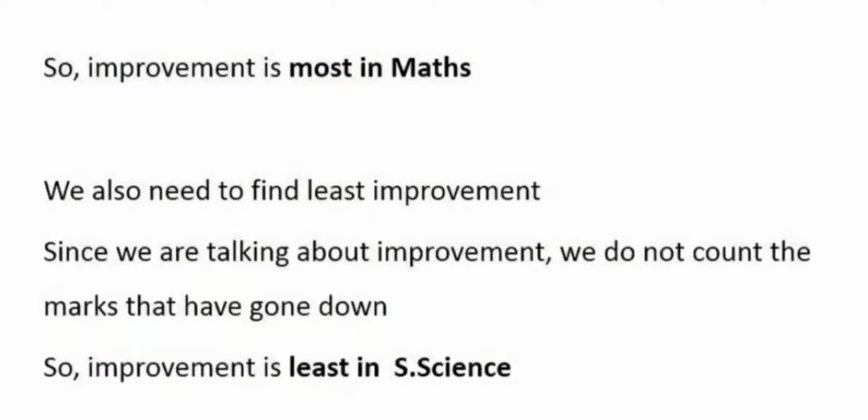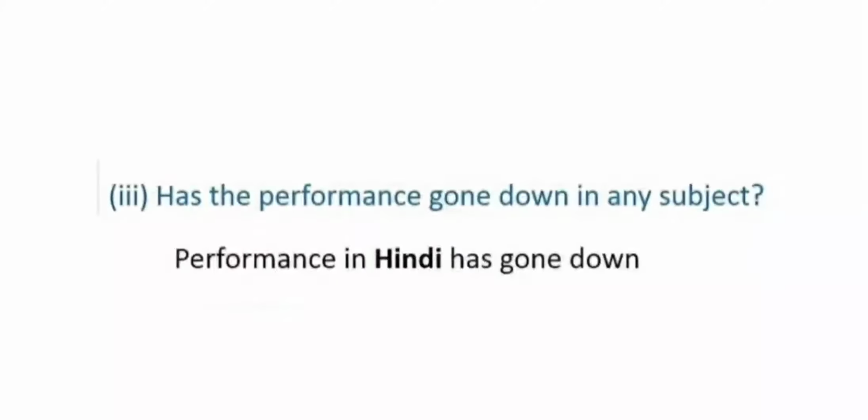Improvement is most in Math and least in Social Science. Since we are talking about improvement, we don't count the negative part. Next, has the performance gone down in any subject? Yes, performance in Hindi has gone down.